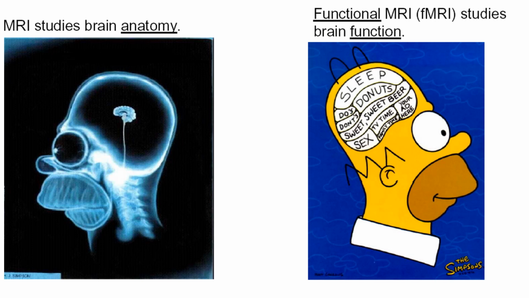MRI is used primarily to create the detailed images of anatomical structures such as organs, tissues, and bones, while fMRI is used to measure brain activity by detecting the changes in the blood flow. Second, being image contrast.